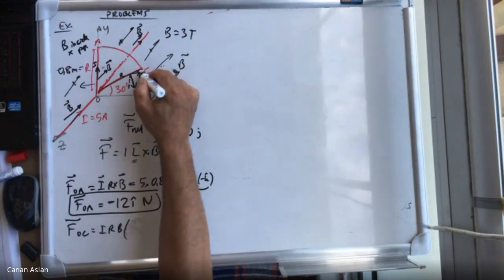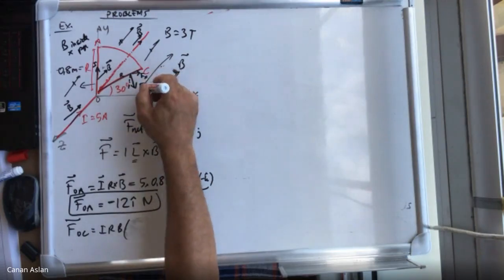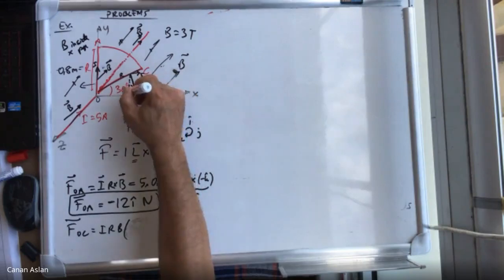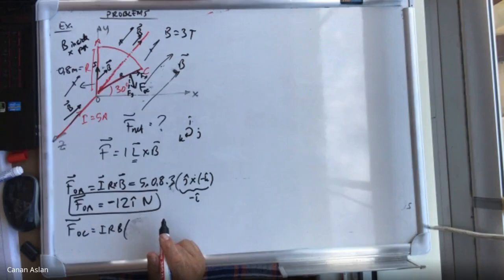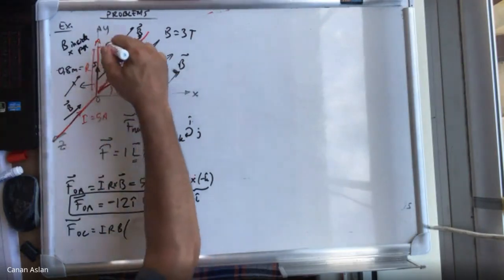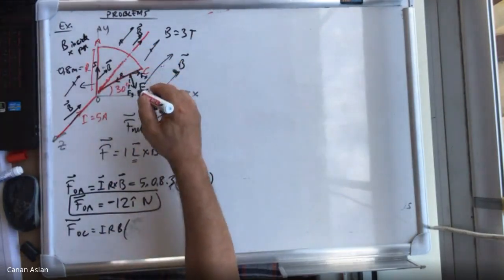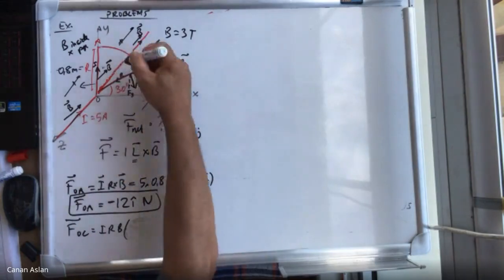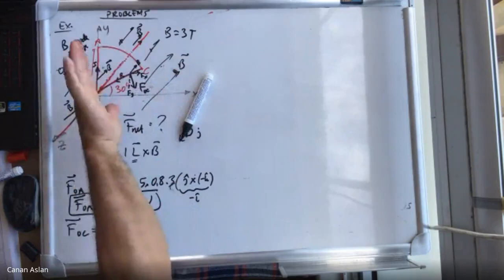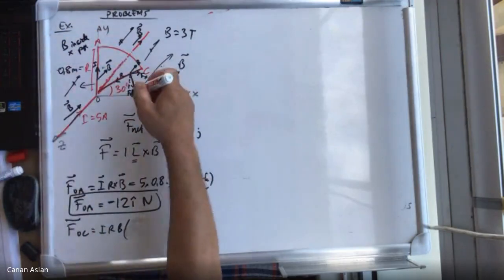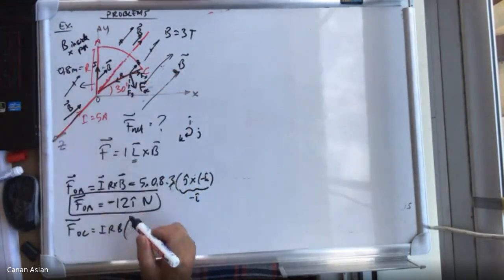X component, this FOC, right? And the y component is negative, the x component is positive. How did I know that this was the case? Because remember that the current is flowing this way and the magnetic field is inside the page like that, and then I cross B goes down. So FOC is downward.